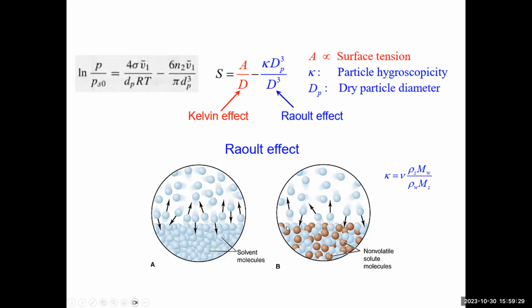Because of that, you're reducing the concentration of water molecules in the liquid phase of the droplet compared to the pure water case. So you're generating a lower water vapor partial pressure along the surface, which gives you a negative term that reduces the partial pressure along the surface.